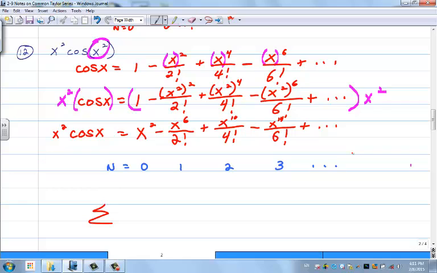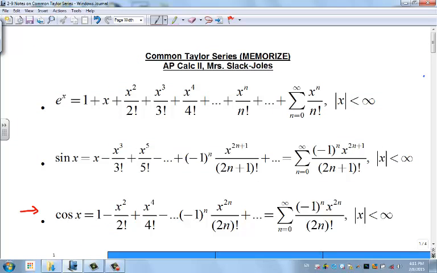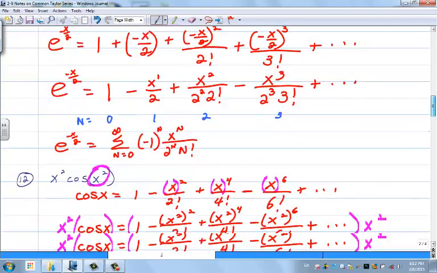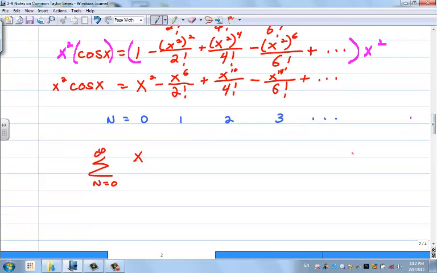So this is going to be the sum n equals 0 to infinity of x to the, well, the y-intercept, for lack of a better term, here would be 2, right?